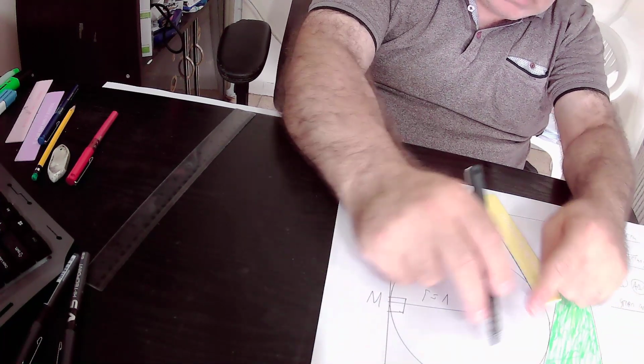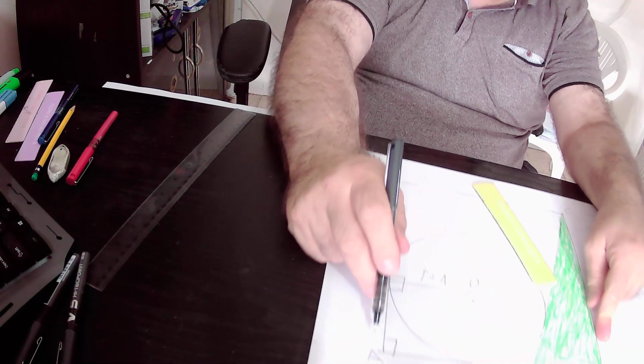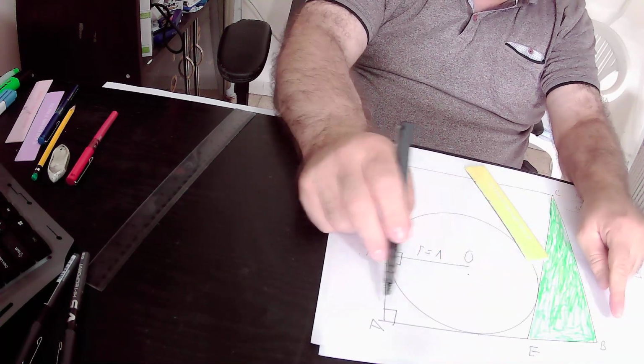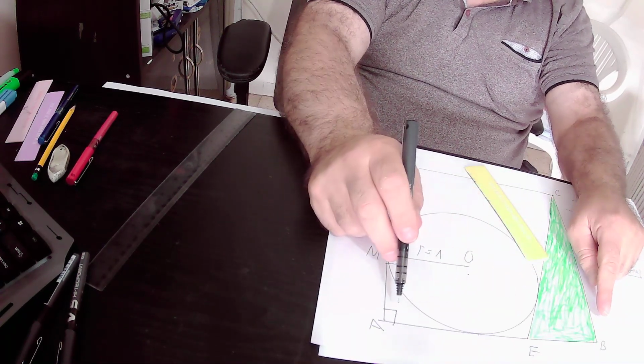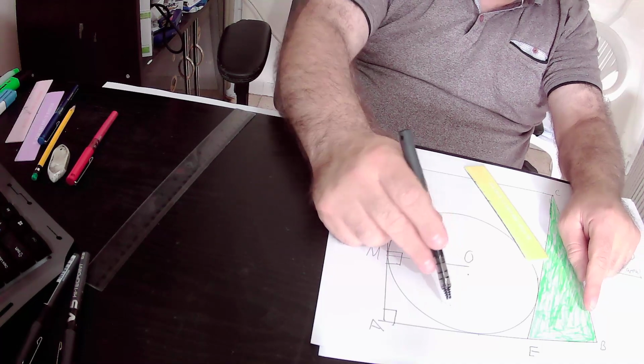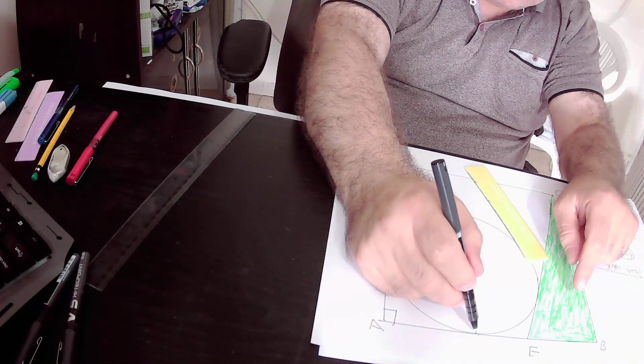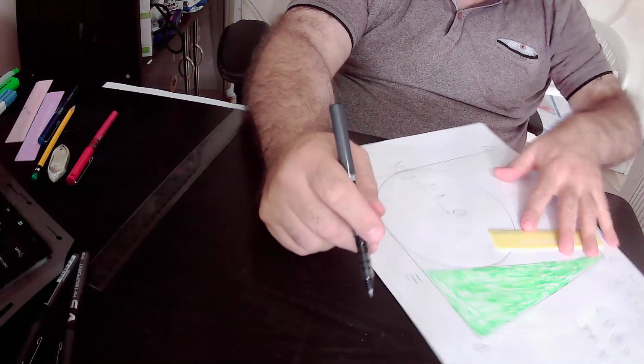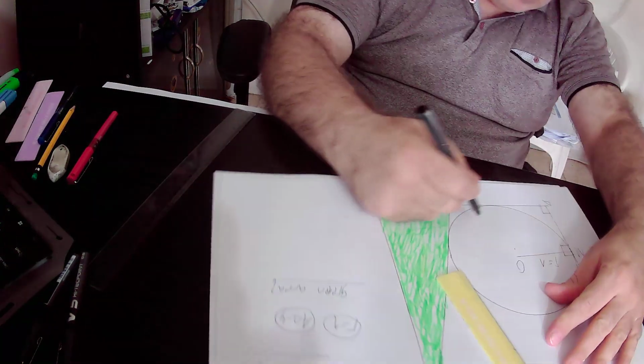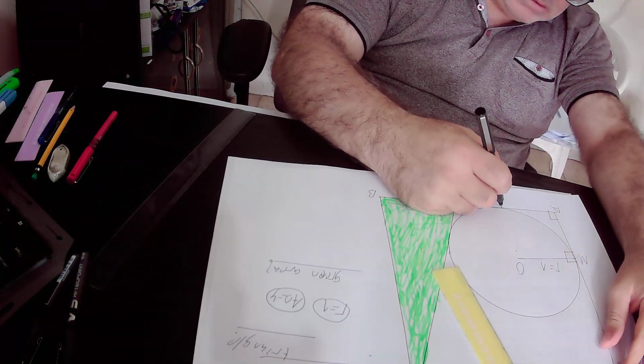We will define the point of tangency of tangent AB with this circle as point N. So this point is point N.